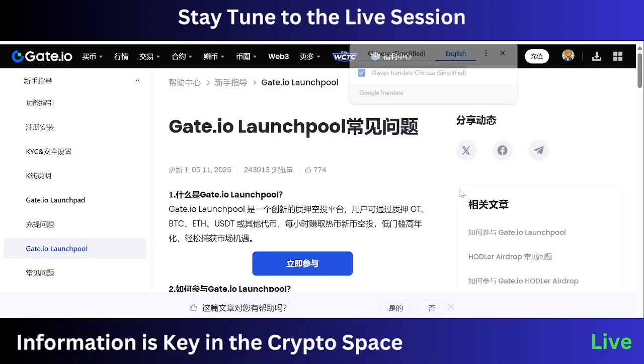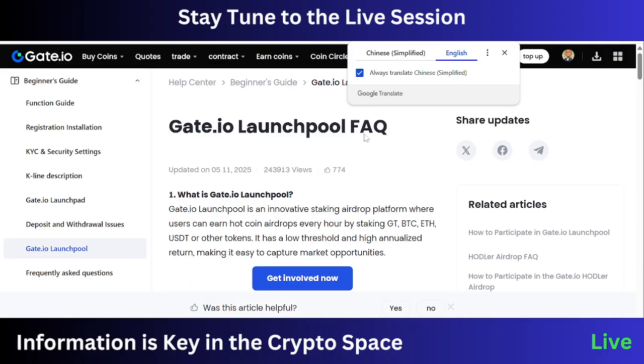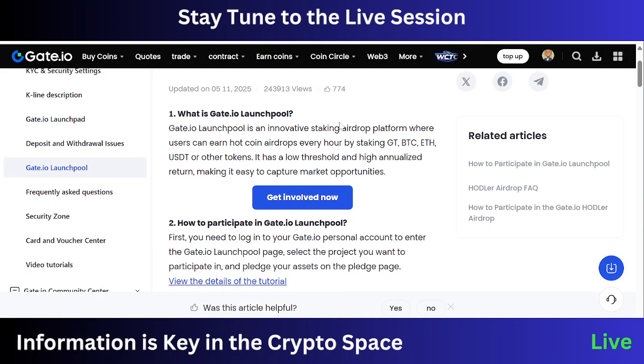Let's now look into understanding what the Gate.io Launchpool is.